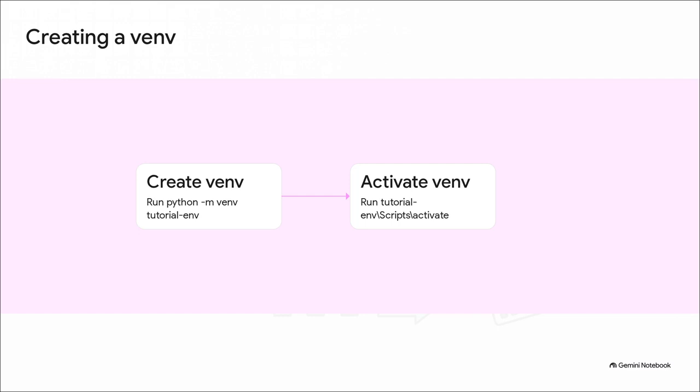This tells the venv module to create a brand new directory containing its very own copy of the Python interpreter and all its supporting files. Then step 2 actually turns it on. If you're on Windows, you'll run tutorial-env/scripts/activate. And boom, just like that, your safe, isolated digital workbench is officially open for business.